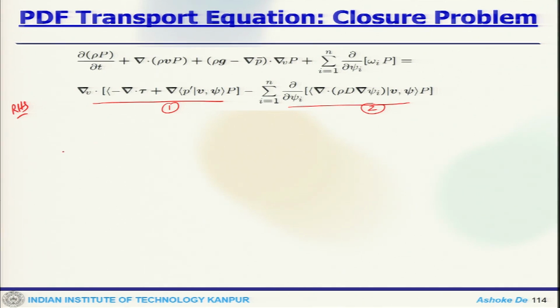The gradients are not included as sample space variables in the PDF equation, so these terms arise as unclosed terms and need modeling.